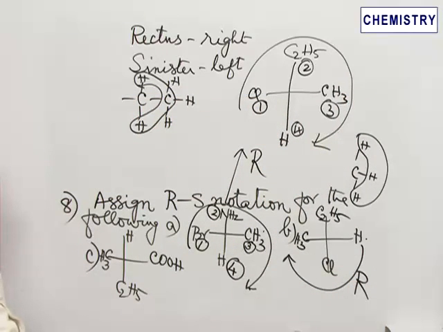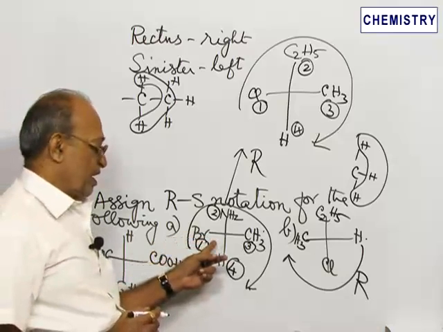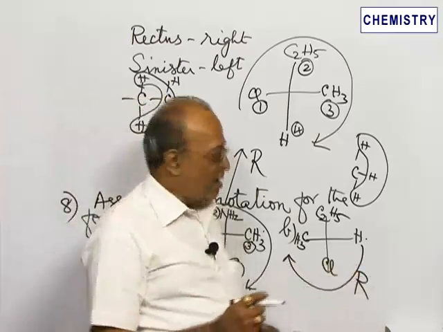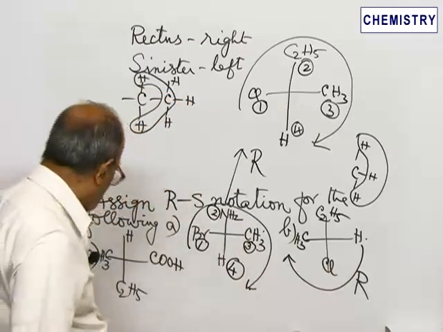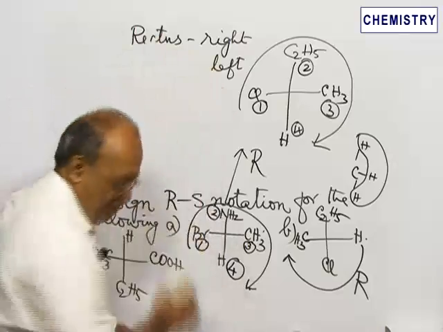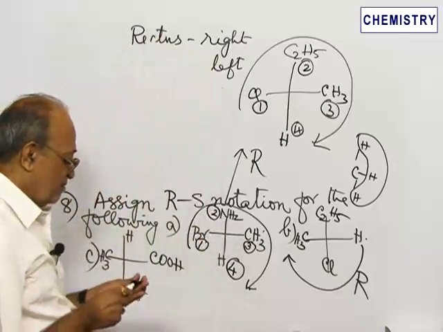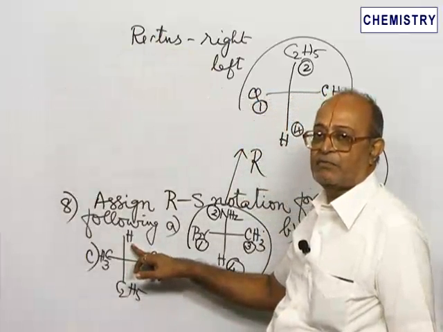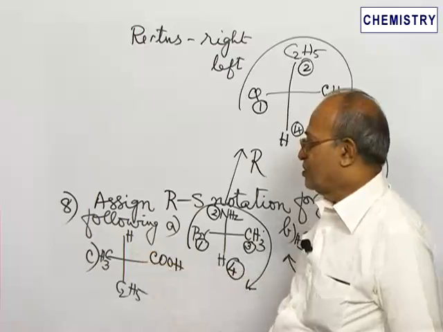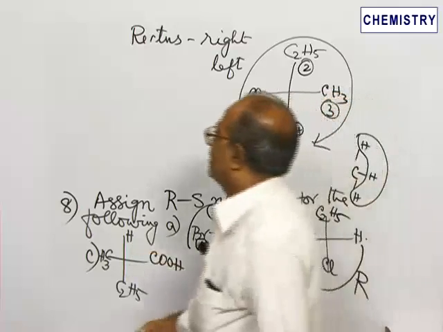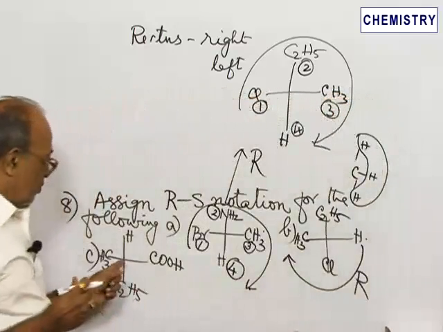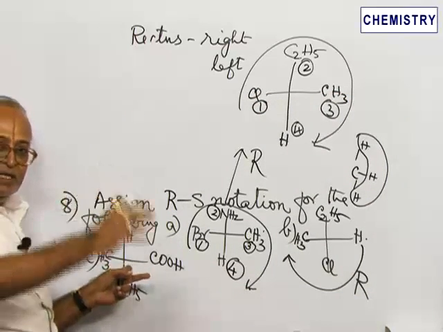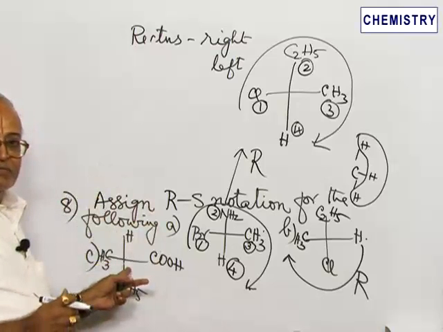So this compound A is given R notation, B is also given R notation. Now come to molecule C. Now here hydrogen is at the top. So what you have to do is, as we have seen in the previous problem, you rotate this molecule with respect to this carbon in the plane through 180 degrees.